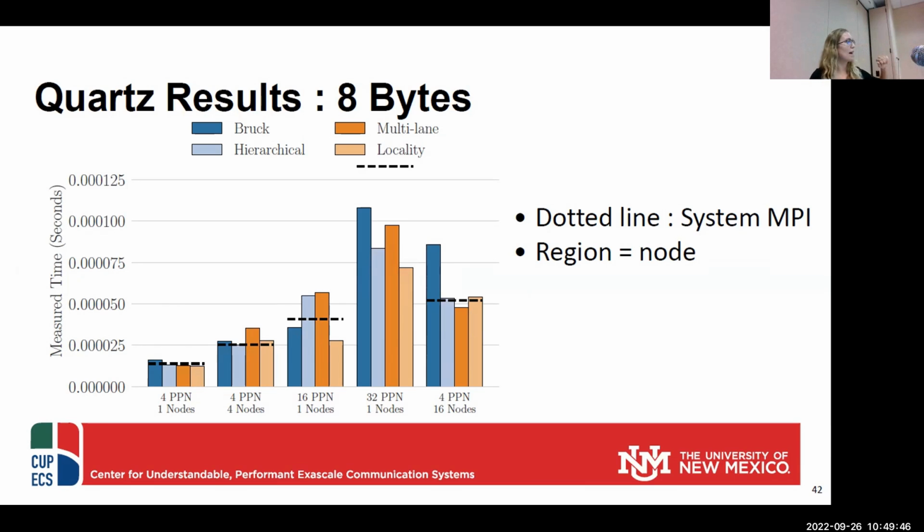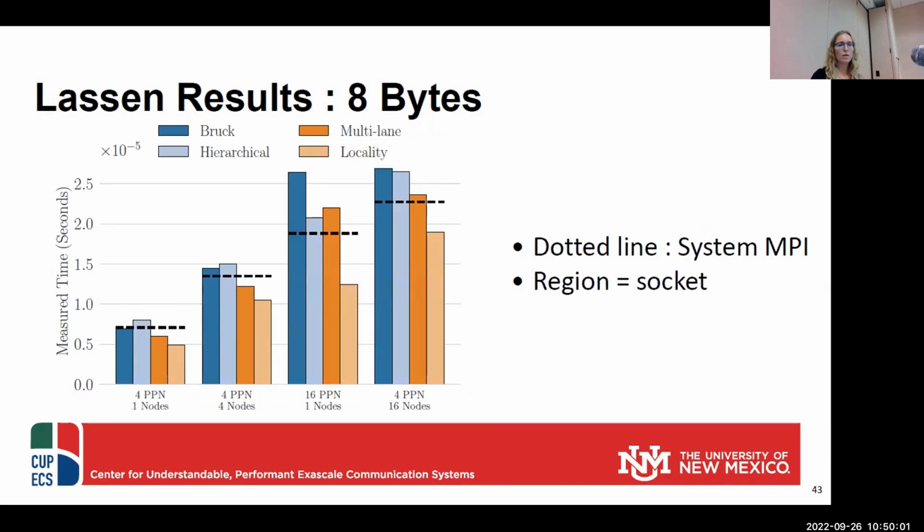And so we can see that as we increase the number of processes per node, we tend to see better speedup. And also we get speedup as we're increasing the number of nodes. So this is on Quartz, and then we see the same thing for Lassen.